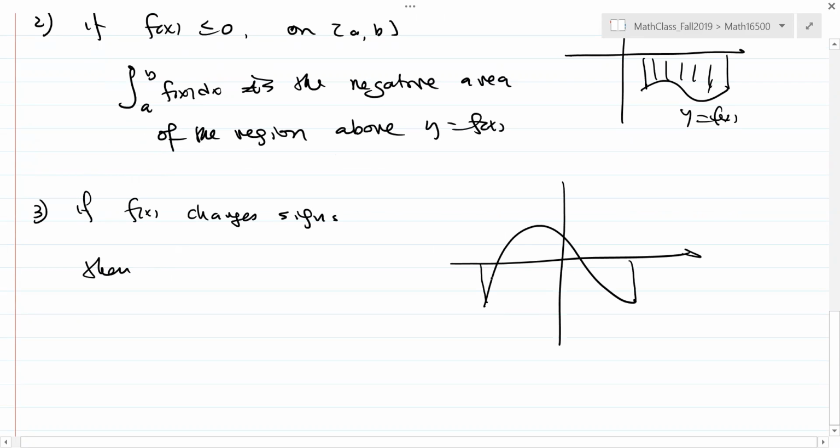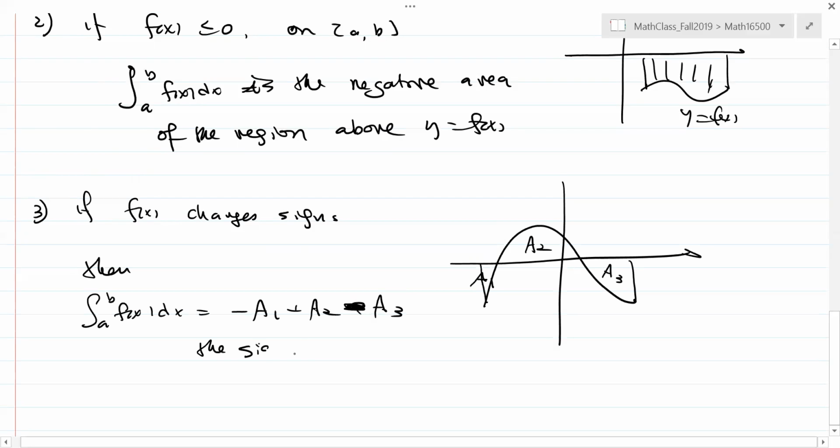This region has area 1, that region has area 2, this has area 3, right? Then the integral of the function is going to be negative a1 plus a2 minus a3. Okay, we call it the signed area. The signed area could be negative, could be positive.